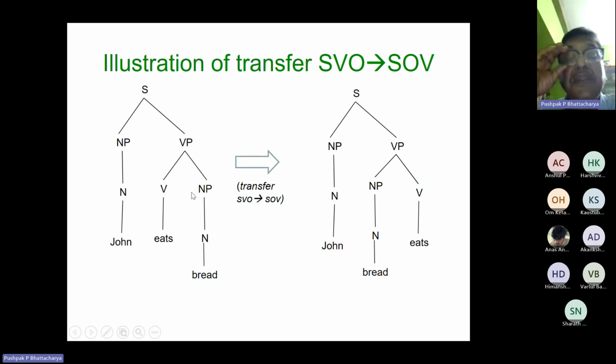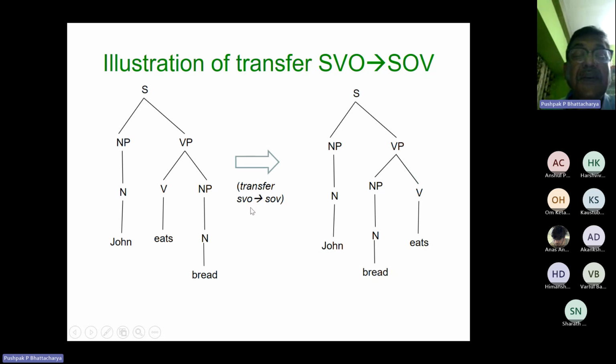Okay, so let me repeat this point. You have to be very clear about what is transfer after all. So transfer is transferring a parse tree from the English space to the Hindi space.